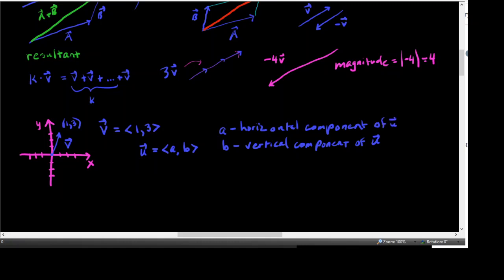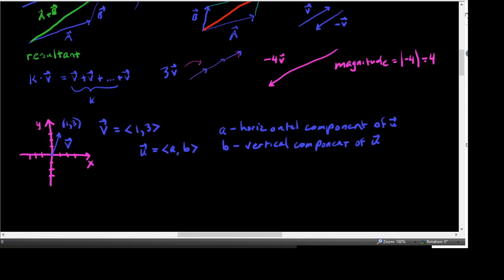Okay, so what is the horizontal component of vector v that I drew in the plane? It's 1. What's the vertical component of vector v? That's 3. Okay. So if we talk about the horizontal and vertical component numbers as an identification for the vector, that's what we call component form.